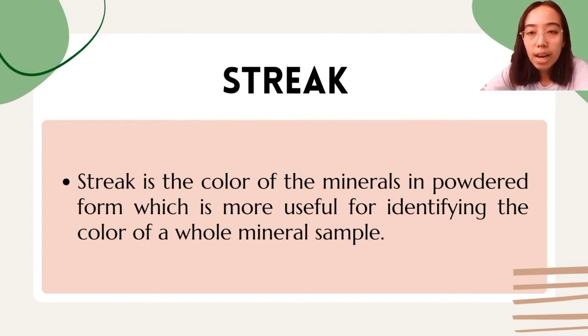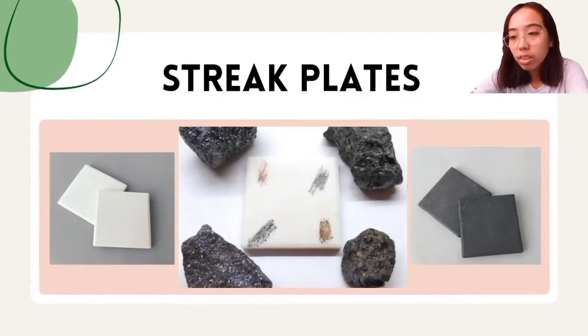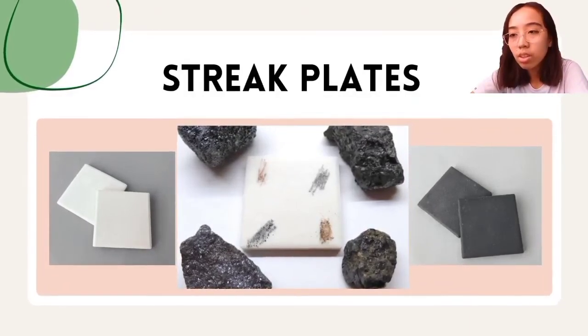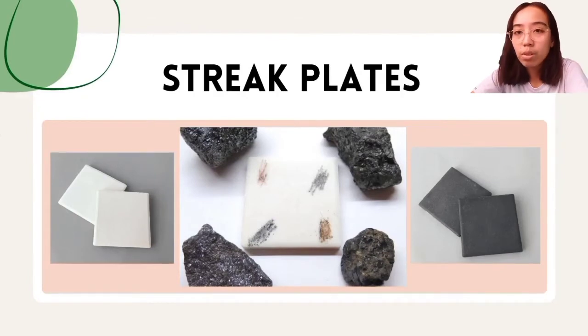Kapag in-scratch mo dun yung minerals, lalabas na dun yung pinaka-powdered form niya, doon na natin ma-identify kung anong kulay nga ba yung minerals. This is a streak plate. Dito, i-scratch yung minerals para malaman kung anong color nga ba siya.